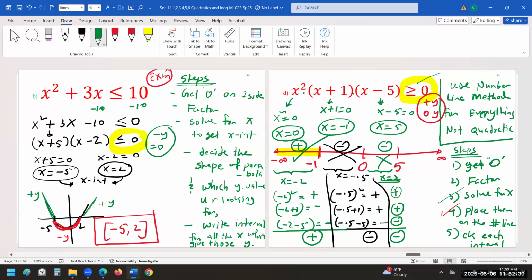But what happens exactly at 0? When x is 0, we definitely don't get positive y. But do we get 0 for y? When x is 0, what do we have here? 0 squared, which is 0. And 0 times anything is 0. So when we have 0, we get y equal to 0, right?